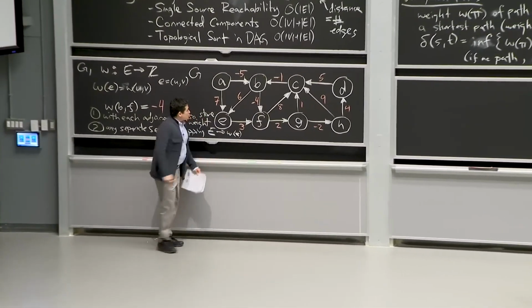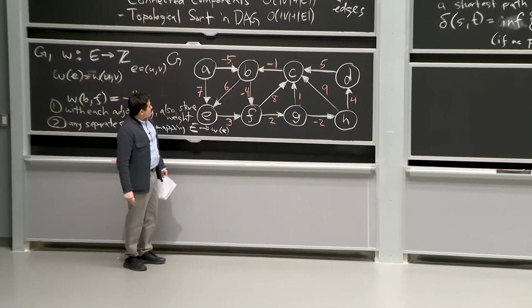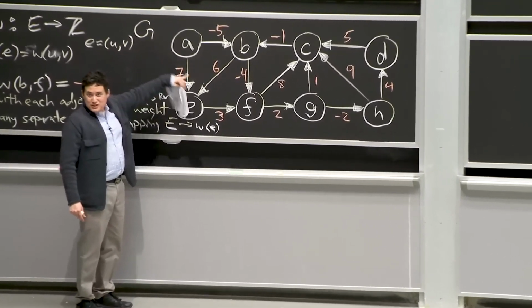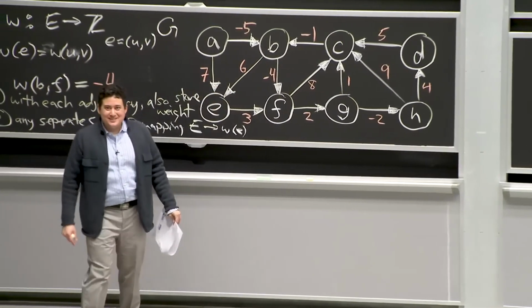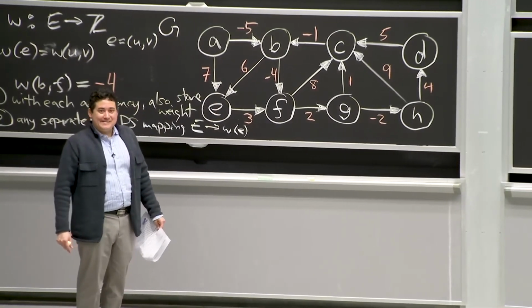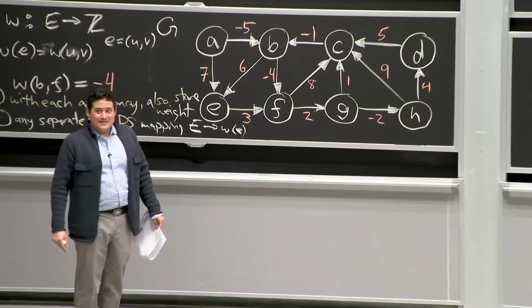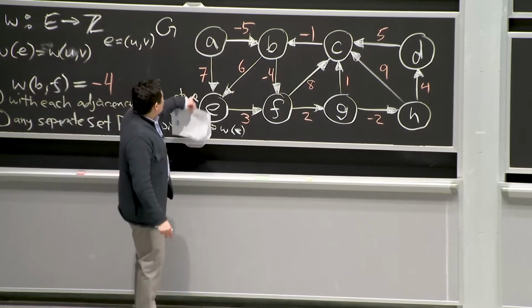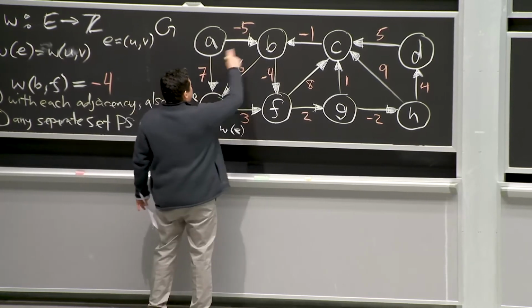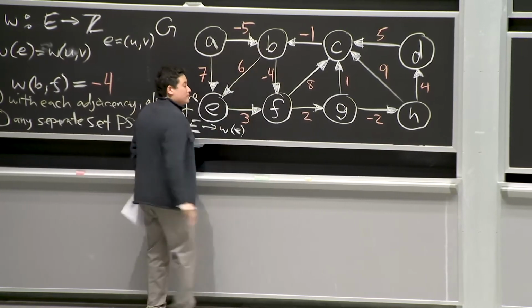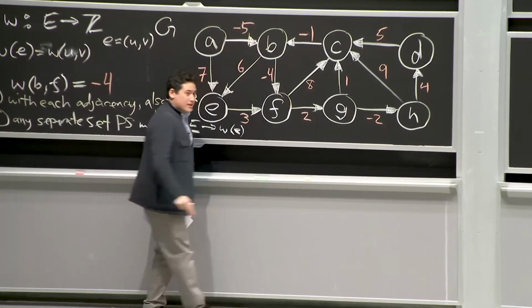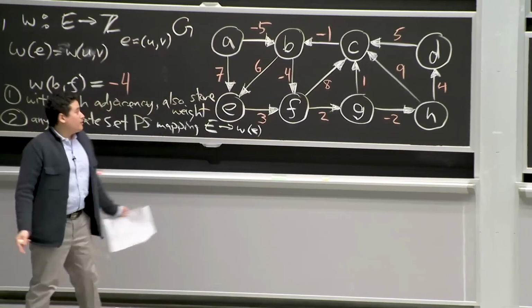Can someone tell me what the shortest path is from A to actually any vertex in this graph? Okay, so we could look at this path I have to B. Let's just take a look at B. I have a path going from A to B that is -5. Okay, that's pretty good. That's pretty small, right?